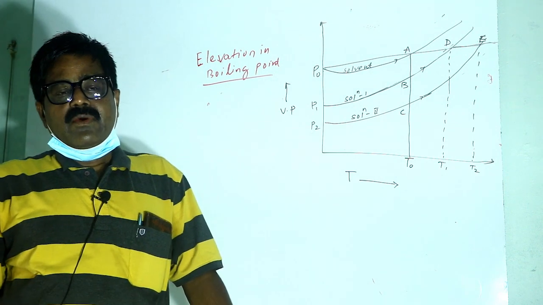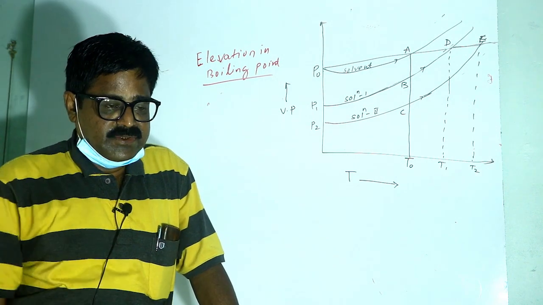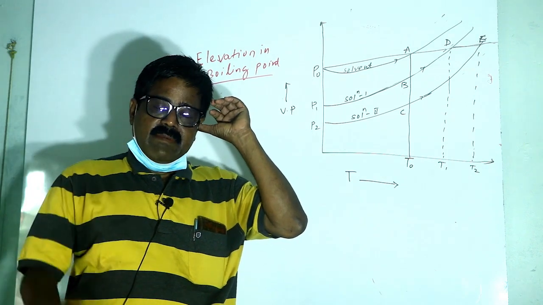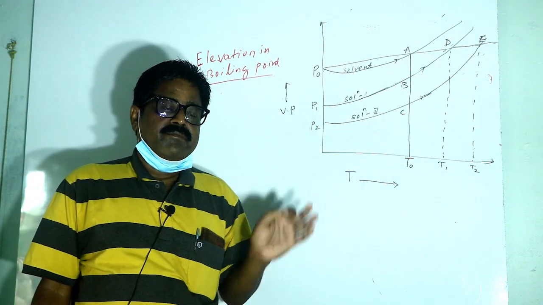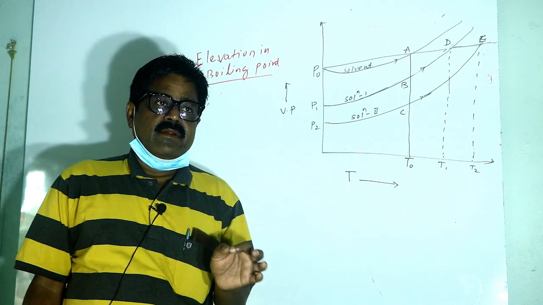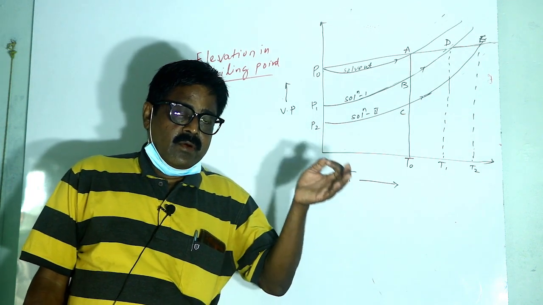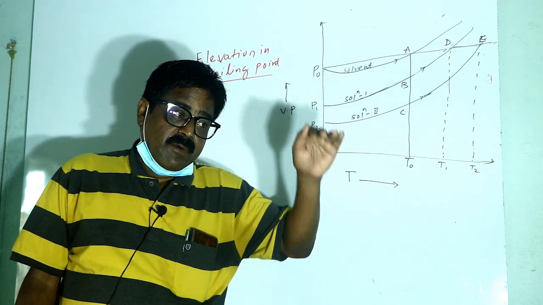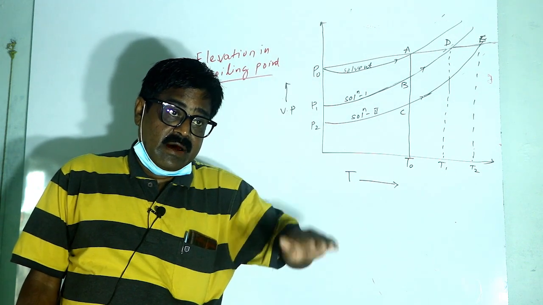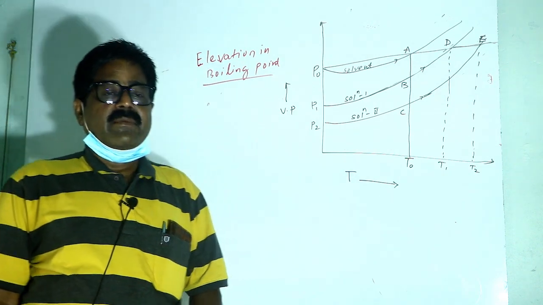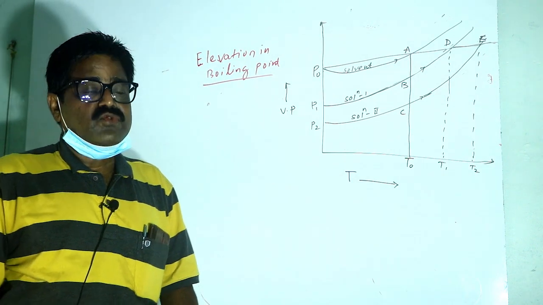When a liquid is on the earth's surface, or at sea level, we can say the boiling point of that liquid is measured when the atmospheric pressure at sea level is 760 millimeter of mercury, that is 1 atmosphere pressure.